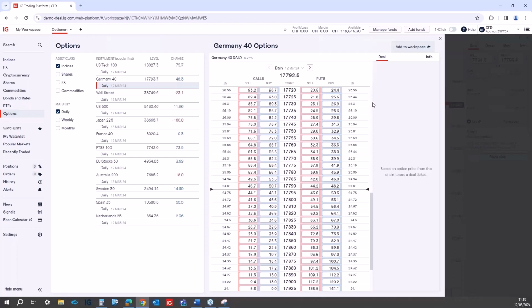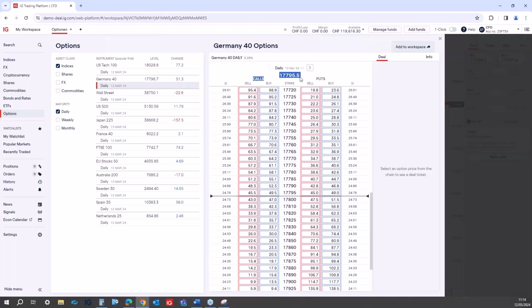So long position means you think, or you hope, that the market goes up, but again, you do think there is some volatility coming in, and what you want to do is actually protect yourself against the downside. So what we would do in this scenario is go long, or buy, a put, because that actually gives you the possibility to profit once the price goes down, to make up for the loss of your long position.